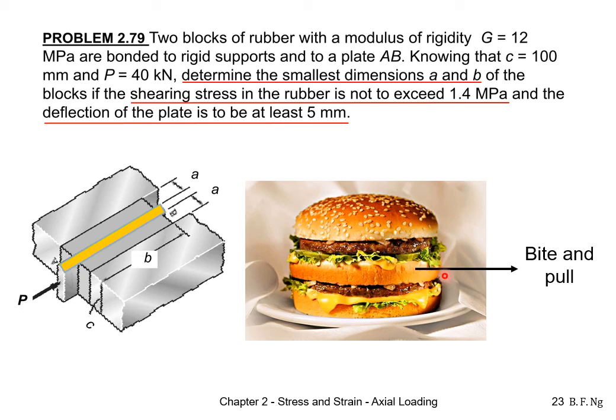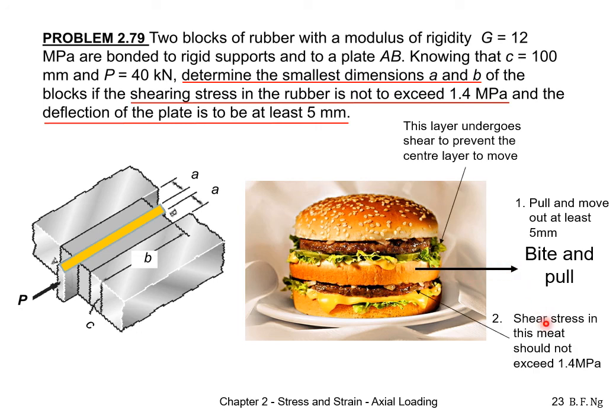You'll bite and pull, such that it moves out at least 5 mm. And also you want another condition that the shear stress in the meat, or the rubber, does not exceed 1.4 megapascal. So the next time when you eat a hamburger, think about mechanics of materials.